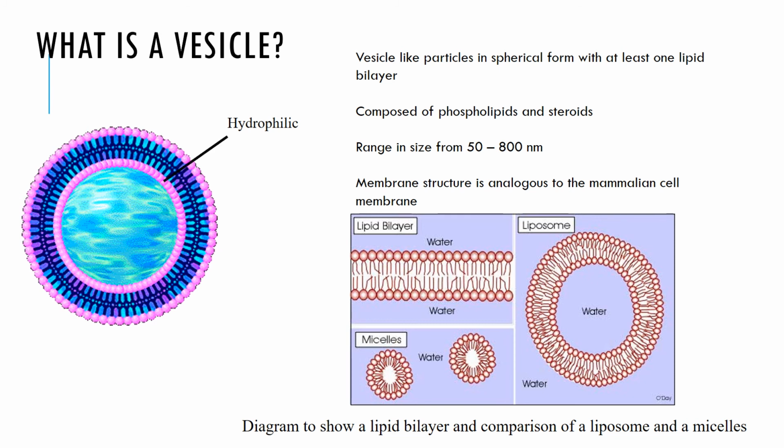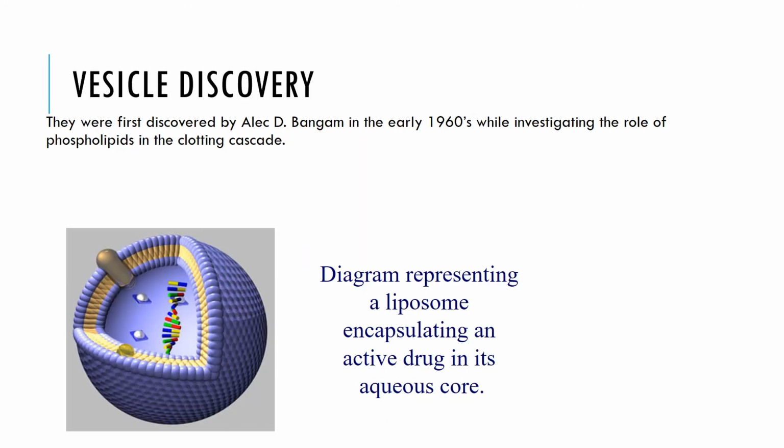So you've got a hydrophilic core, a water core, and then a bilayer structure. They were discovered in the 60s, and they're really important structures because they've got lots of different applications.